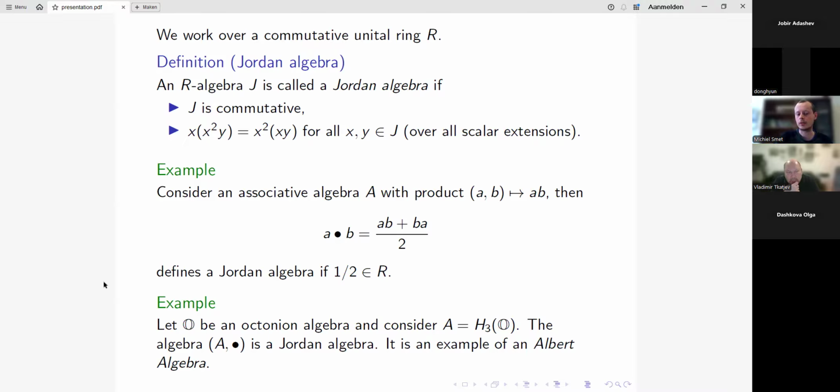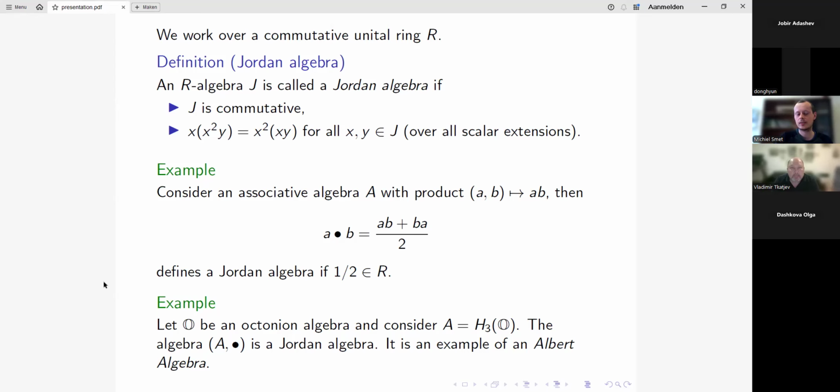This will also form a Jordan algebra. This is an example of an Albert algebra. Albert algebras are forms of such H3 of an octonion algebra.